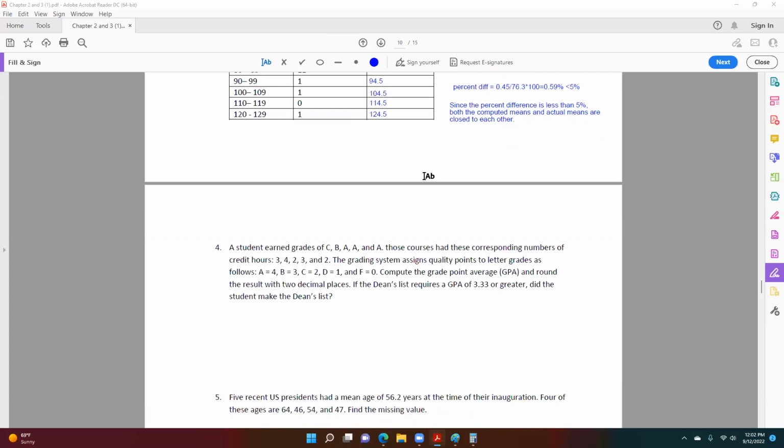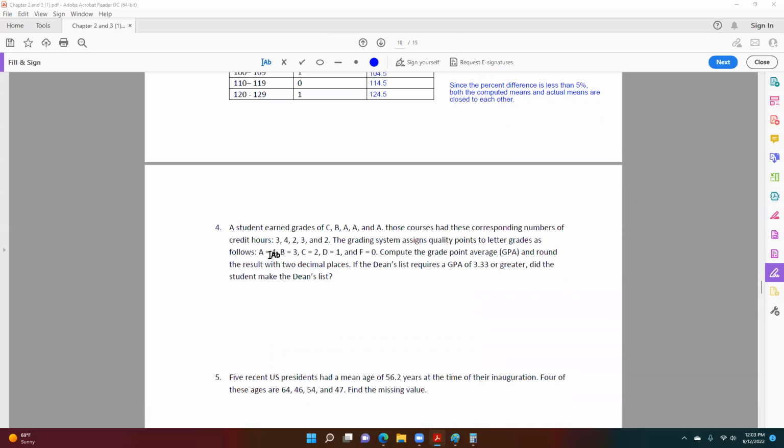A student earned grades of C, B, A in this course with corresponding credit hours of 3, 4, 2, 3, 2. The grading system to get your GPA in this case is A is 4, B is 3, C is 2, D is 1, F is 0. So this 0, 1, 2, 3, 4 is fixed.